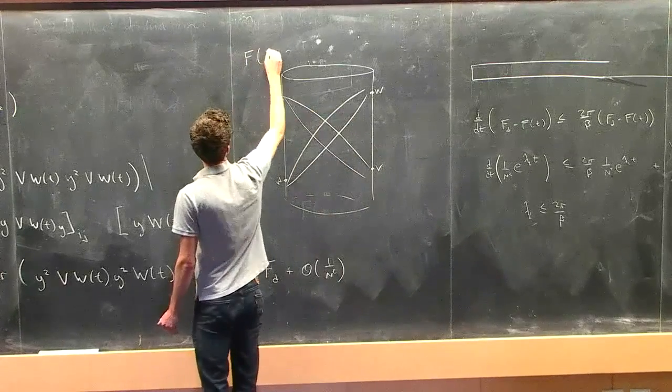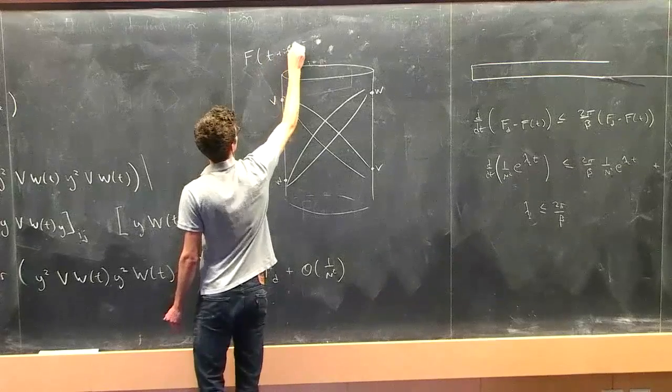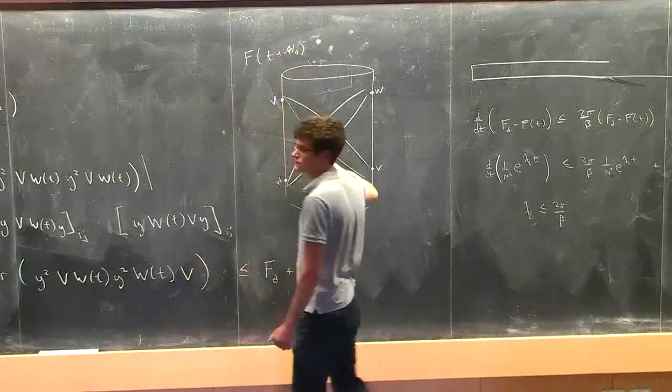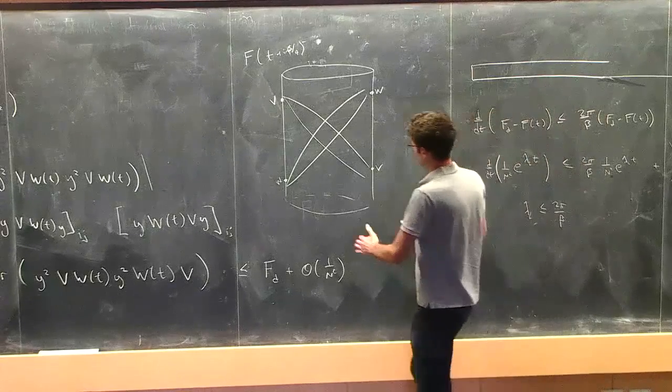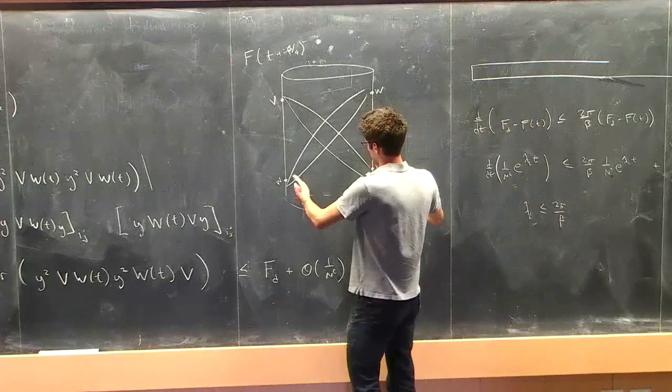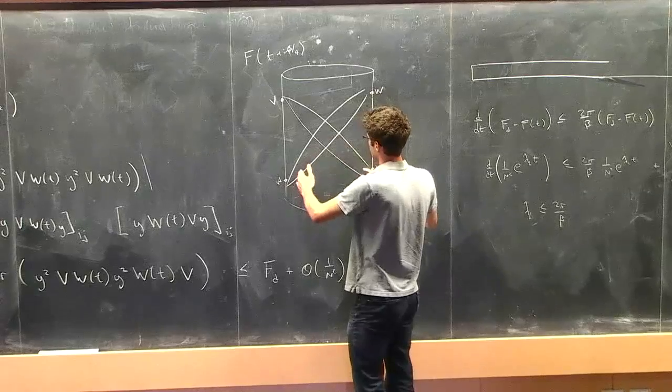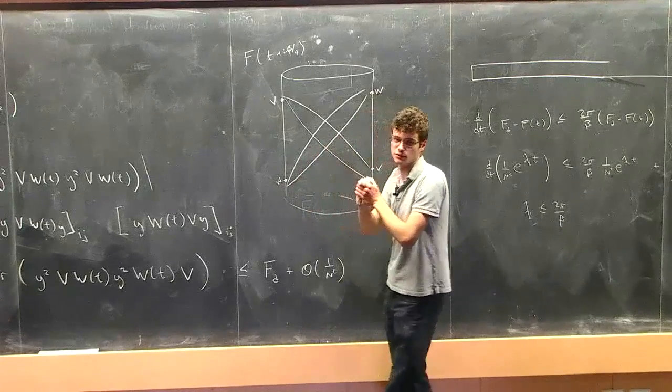This would be F of T plus i beta over 4 in the special case of a system on Rindler space. And so now we get from this result a rigorous bound on the growth with energy of the tree-level scattering amplitude.